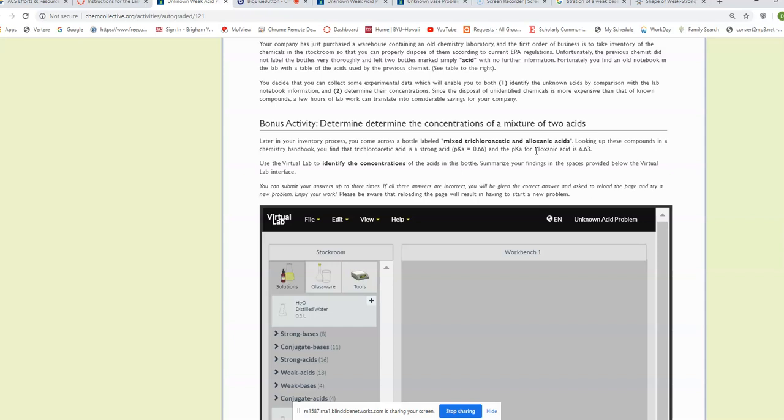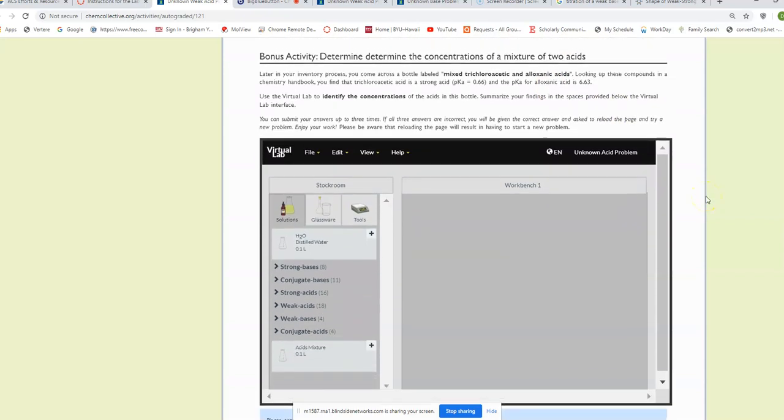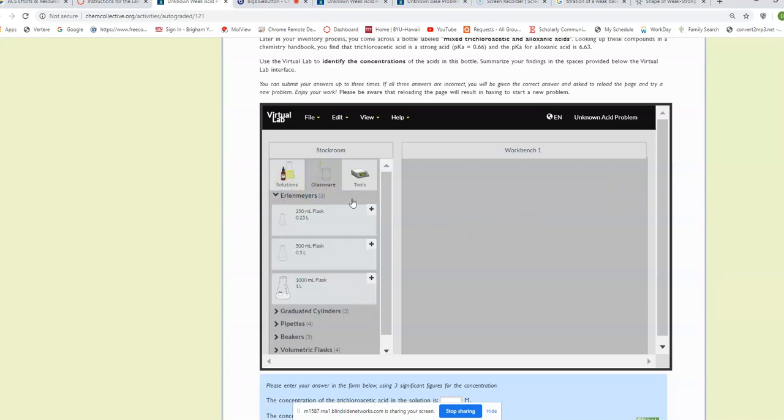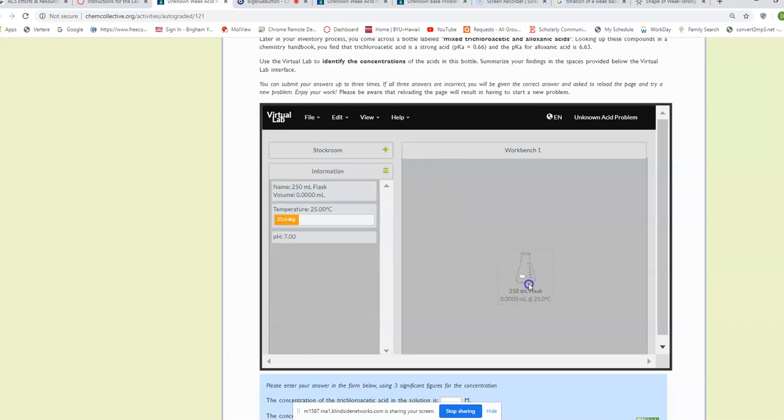That's what makes it a strong acid. Whereas the weak acid, if there are protons around, it will be taking them up. So as you remove protons, you're going to be removing protons from the weak acid first. So if we have our acid mixture there, Erlenmeyer flask.